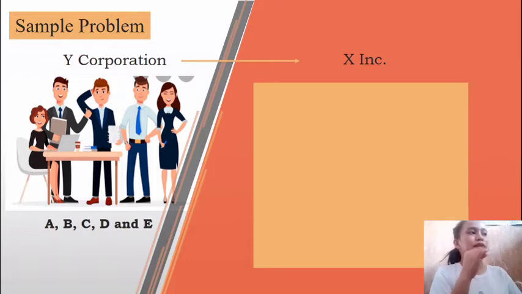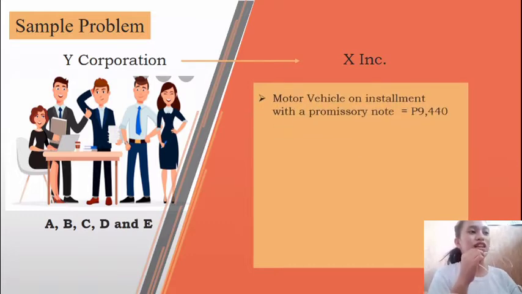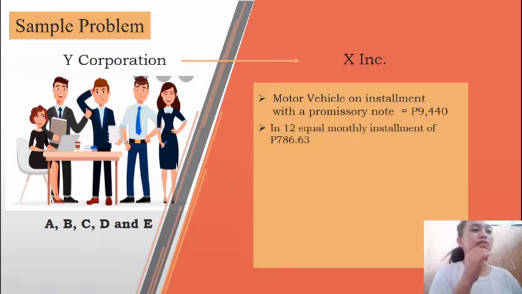As to the third topic of the presentation, I have here a sample problem. It is Section 1, obligation of the partners among themselves. It is a sample problem given by the book and I just use it. Y Corporation is a general partnership duly registered under the law of the Philippines, which purchased a motor vehicle on installment from X Incorporation with a promissory note of 9,440 pesos in 12 equal monthly installments of 786.63 pesos.